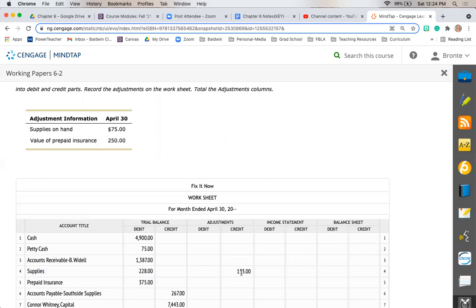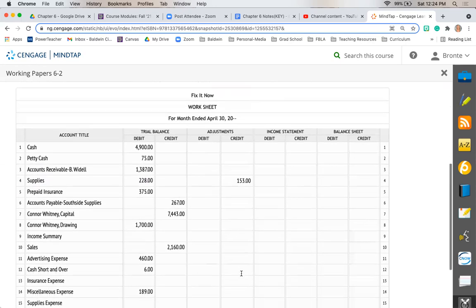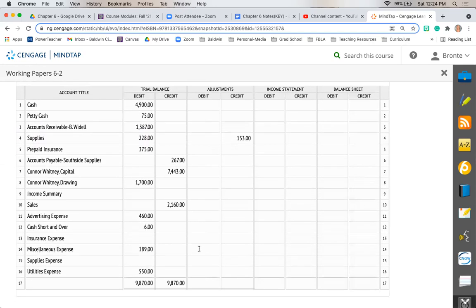That is my adjustment to my supplies account. That is my credit. I need to go down to supplies expense and put in the same amount, but as a debit. So I created an expense for my business because I used those supplies up.